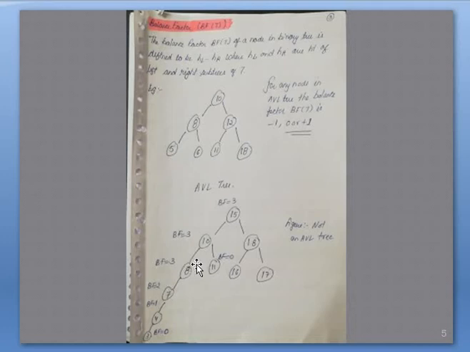For this node it is 3, because for 1, 2, 3 no further children are available here. For both these nodes it is 0, so therefore this is 0. If we are talking about the root node, the balance factor is 3. So this is the balance factor, and this tree needs to be balanced.